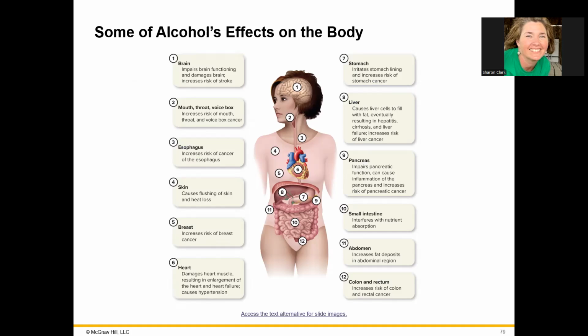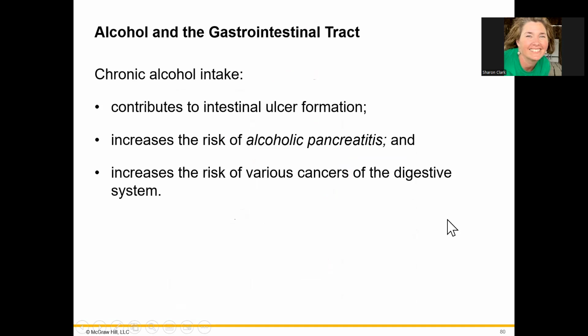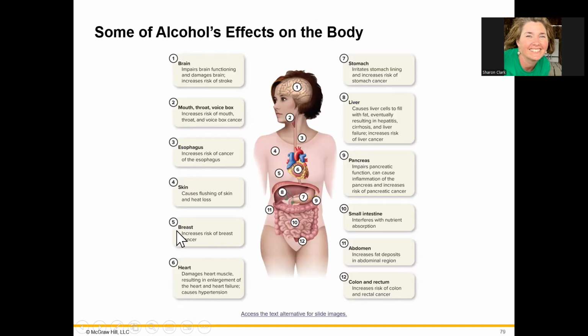You see here how alcohol on a long-term basis can affect the body all the way from the brain down to the colon and rectum, and how chronic alcohol intake over time contributes to intestinal ulcers, alcoholic pancreatitis, as well as kidney issues and cirrhosis of the liver.